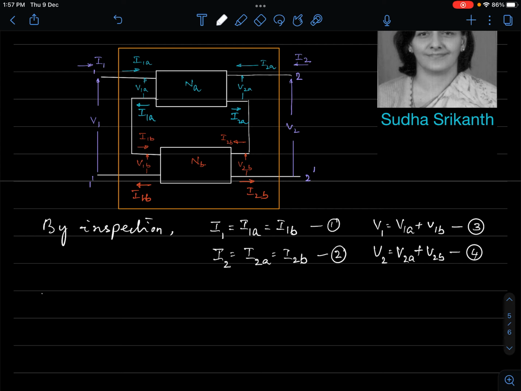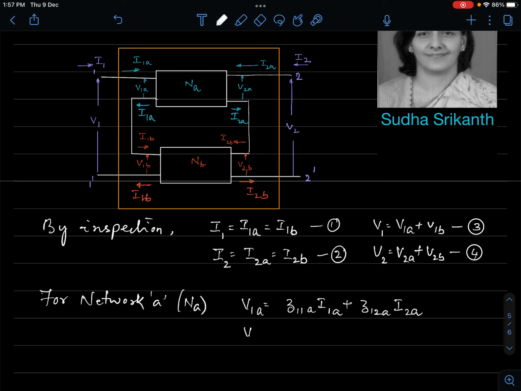We can easily say for A network, we will independently write the equations. For network A, that is our NA, how do we write the equations? We can simply write V1A equal to Z11A I1A plus Z12A I2A.